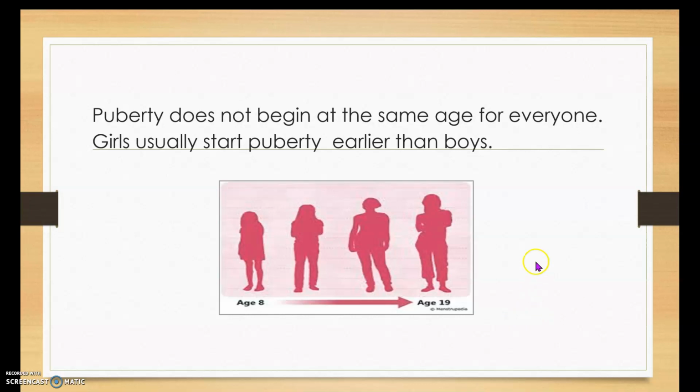So puberty starts earlier for girls than for boys. When you start early or later, you don't have to worry, as it's normal to start puberty early or later than the usual age. When that time happens, girls' bodies and minds mature as they grow into a young woman. So we will experience physical and also mental changes.